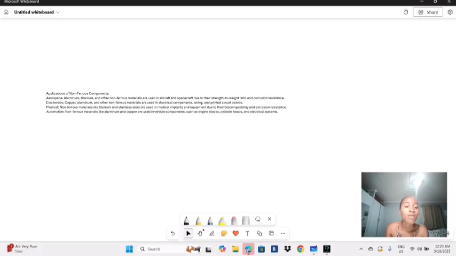We're now going to move to applications of non-ferrous components. Firstly, we have aerospace. We know that in aerospace we have elements such as aluminium, titanium, and other non-ferrous materials. They are used in aircraft and spacecraft due to their strength-to-weight ratio and corrosion resistance.